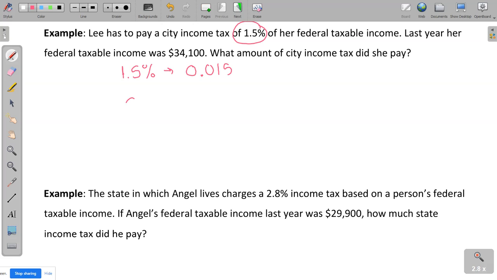Then we multiply the percent as a decimal by our taxable income, $34,100. Multiply this through, and we get $511.50.